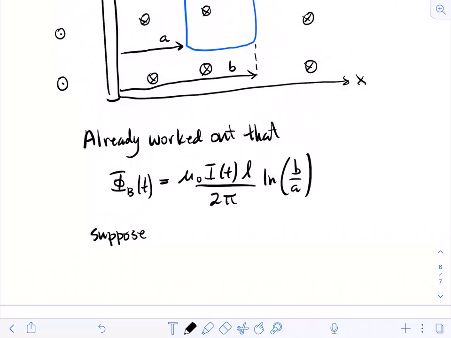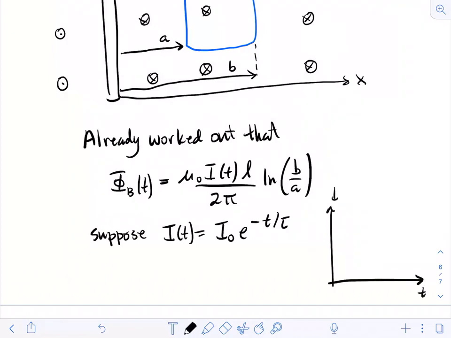So suppose I of t is some exponentially decaying function. So it's some amplitude I naught times e to the minus t over tau. If we were to plot that as a function of time, the current would start at t equals 0 at I naught, and then it would decay away with time.